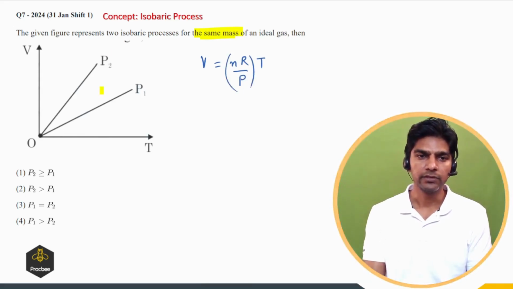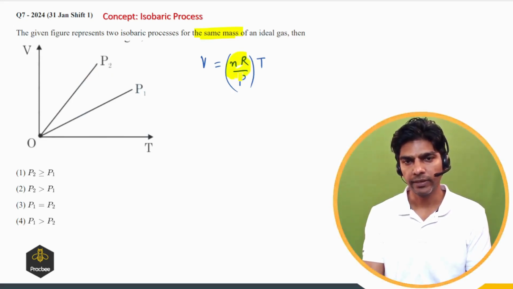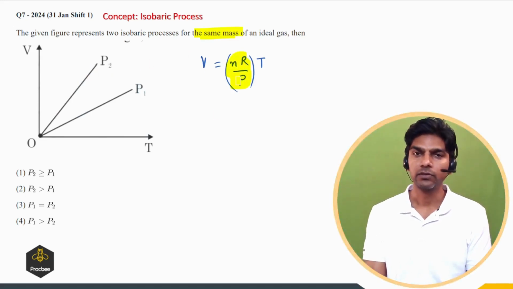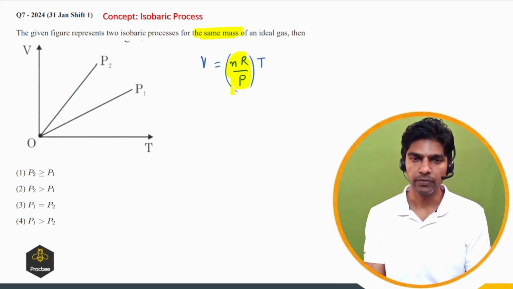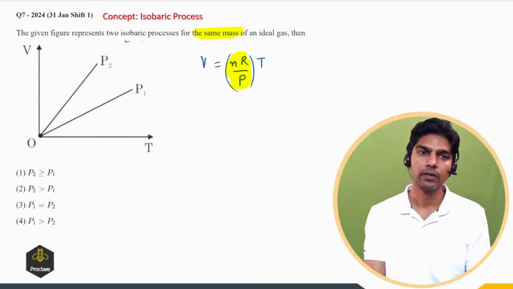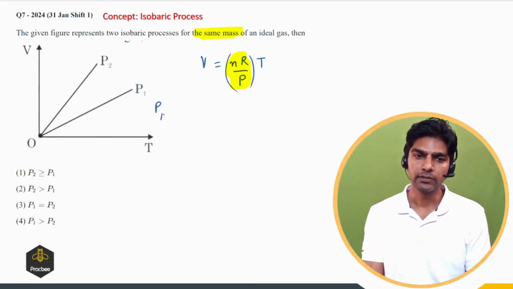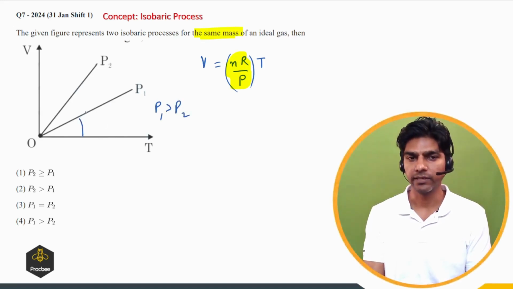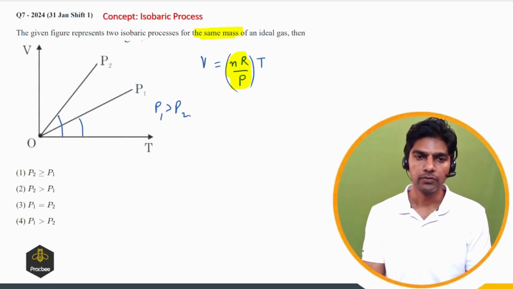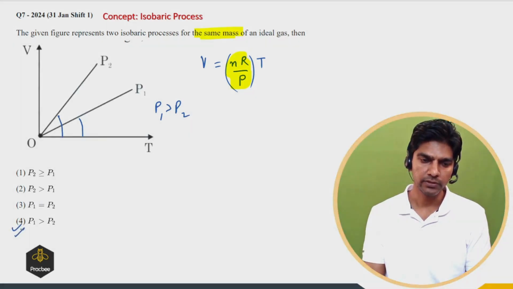Now if you look at the slope of this graph, it will be governed by nR by P. So slope is inversely proportional to the pressure; if the pressure is more, slope will be less. So it means P1 is greater than P2 because the slope of this graph is less than the slope of this graph. So P1 is greater than P2, so option 4 is the right answer.